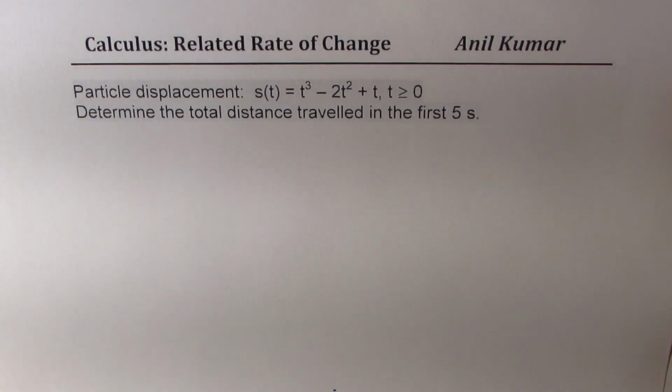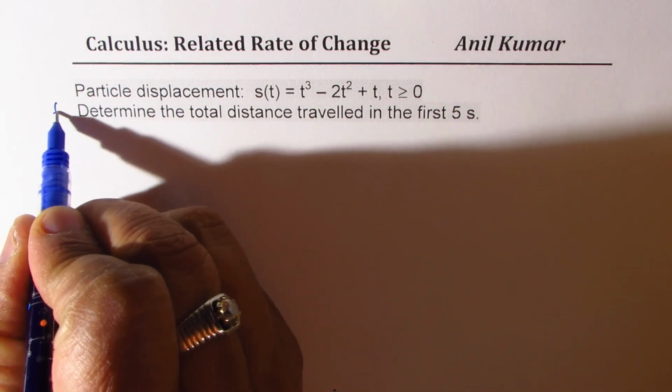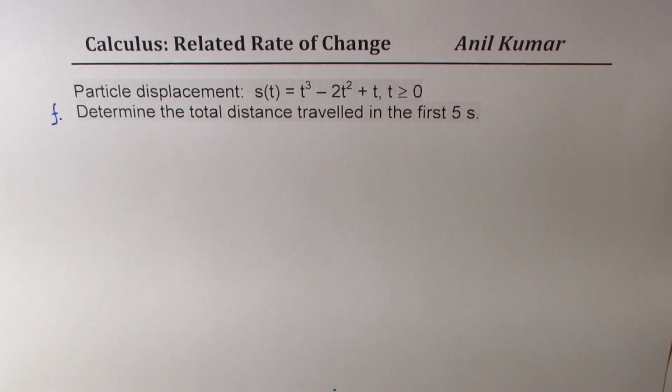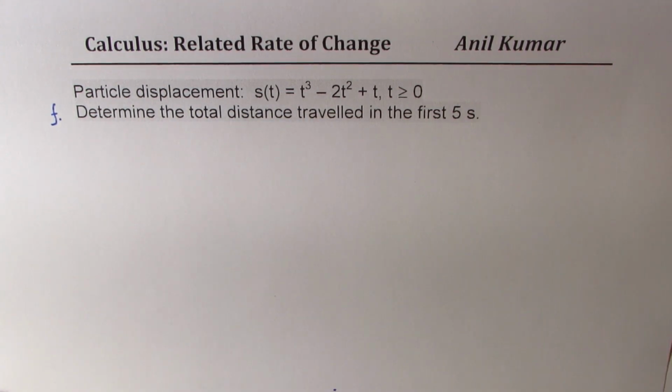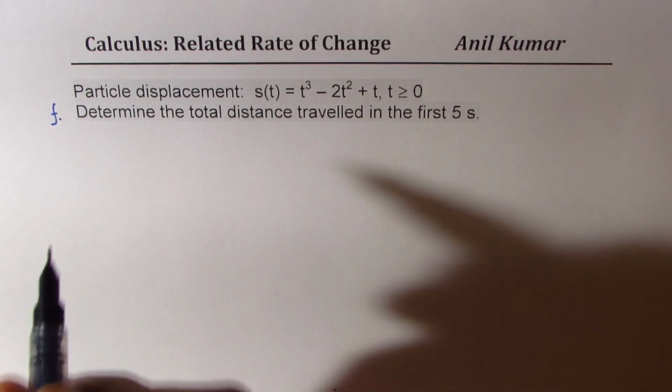We are almost at the end of our video. Now here is the solution to part F. We are given the displacement function s of t equals t cubed minus 2t squared plus t, where t is greater than or equal to 0. We need to determine the total distance traveled in the first 5 seconds.